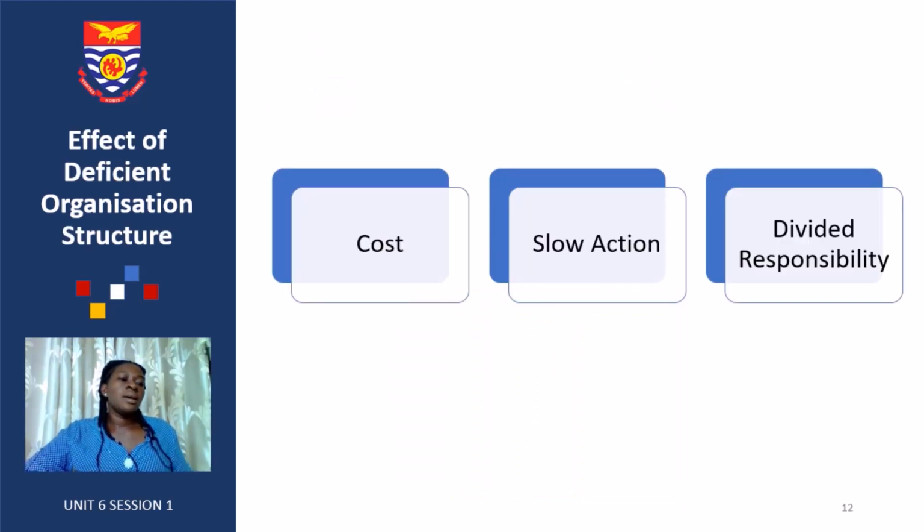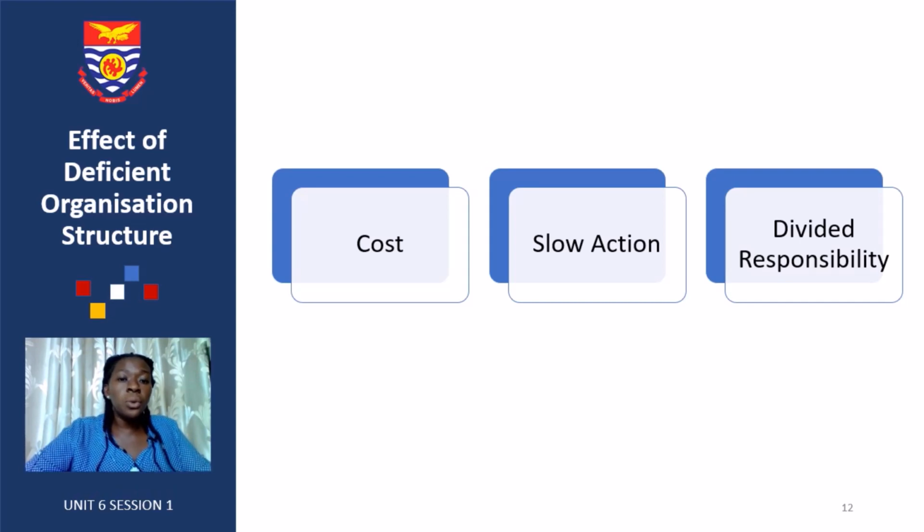Now, there are the effects of a deficient organizational structure. If your organizational structure is not effective, it's obviously going to influence your costs, because you need money for people to draw and write all these things. If you don't take care, you end up drawing something which is not relevant, or it loses its relevance over time. That is one thing that comes in.